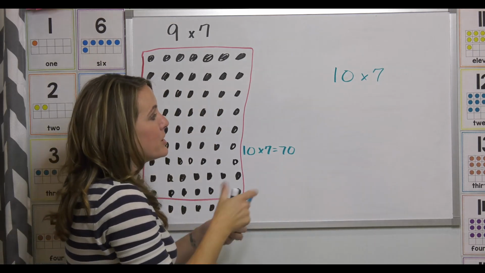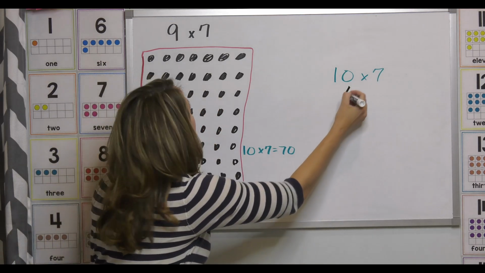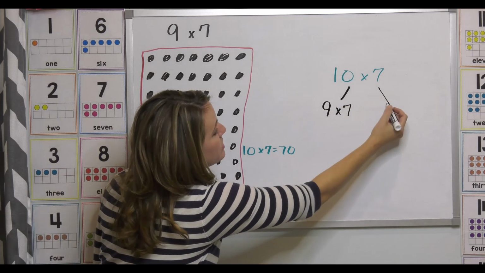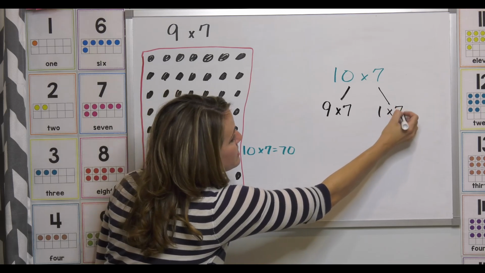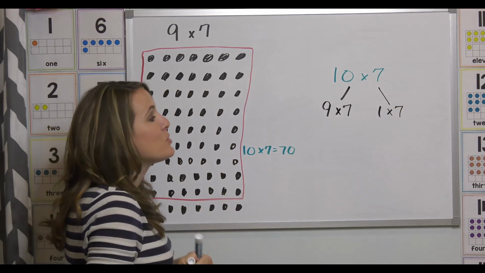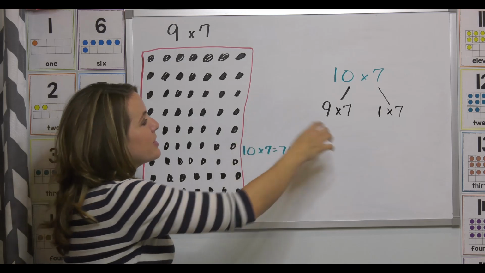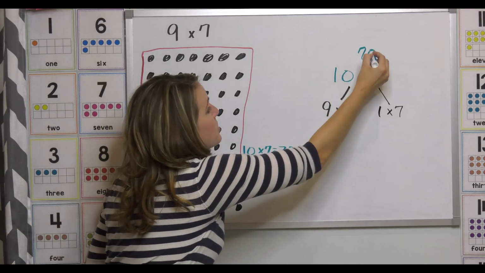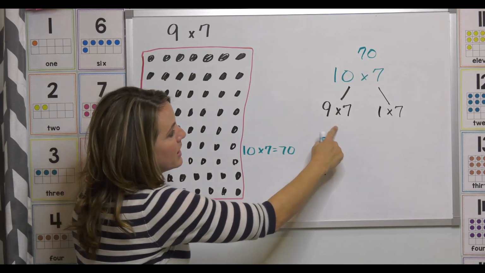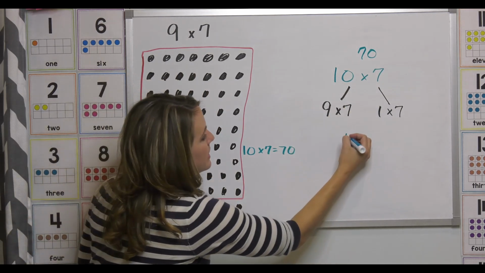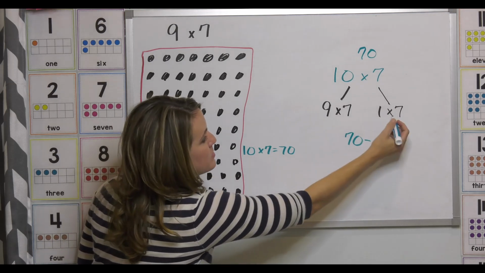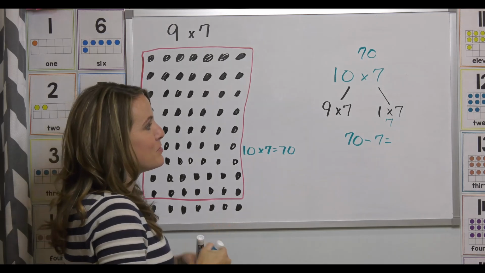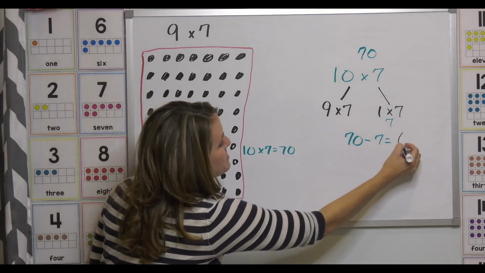And you know that what you're trying to find is a part of it, which is 9 times 7, and that the part you need to subtract to get rid of so that you can find this product is 1 times 7. So I know that this is 70, and I don't know this yet, this is my question mark. I can think about 70 minus this part, which is 7, which will give me the remaining part, which will be 63.